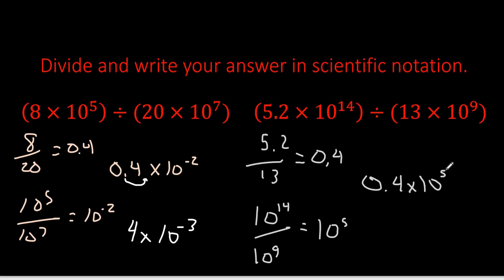And make sure when you're writing all of these in that you use the multiplicative x and not the x on the keyboard. And we need one non-zero digit, so we have to write this in scientific notation by moving the decimal over 1 to the right, and then we subtract 1 from the exponent, and 5 minus 1 is 4. So our answer is going to be 4 times 10 to the 4th power.